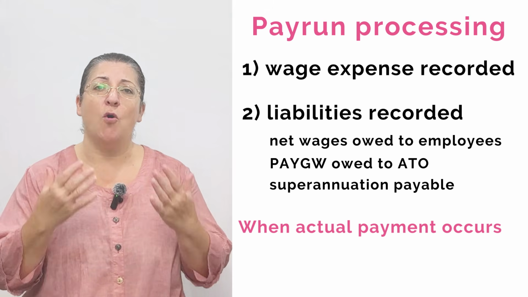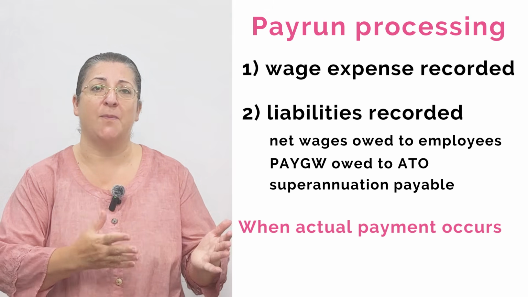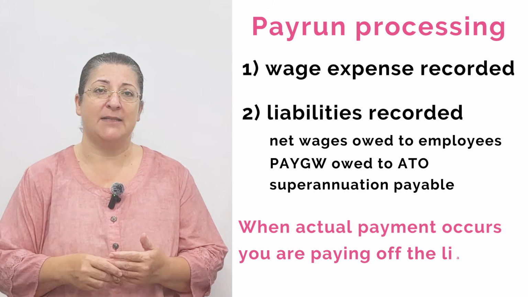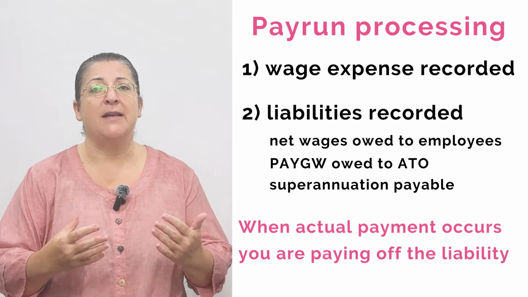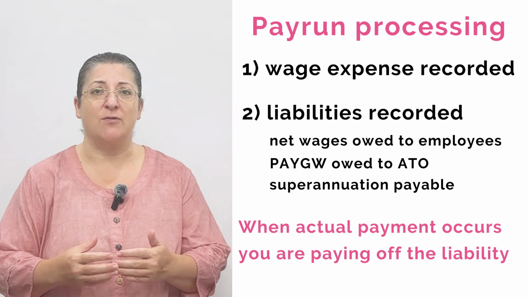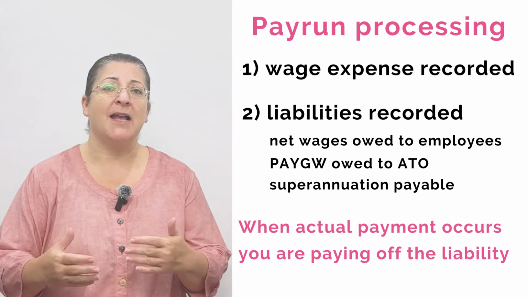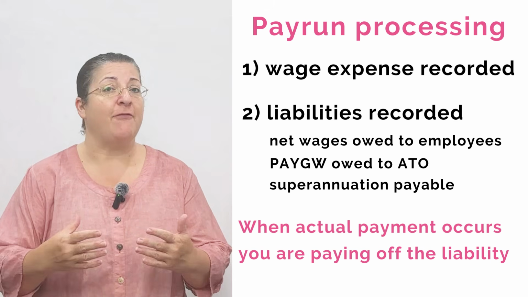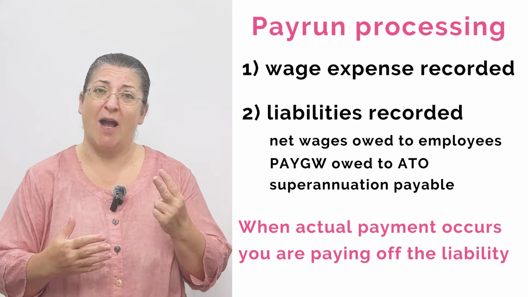The expense was already recorded when you ran the pay run in the first place. You are only clearing a liability. And this is where many people go wrong. When they process payment through bank reconciliation, they reconcile the wage payment against the wage expense account, effectively recording the expense twice.